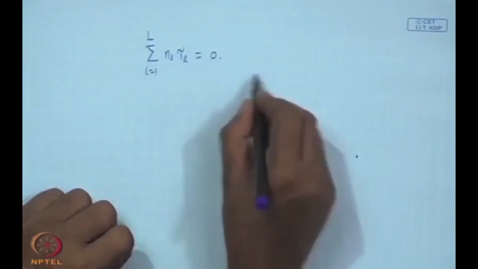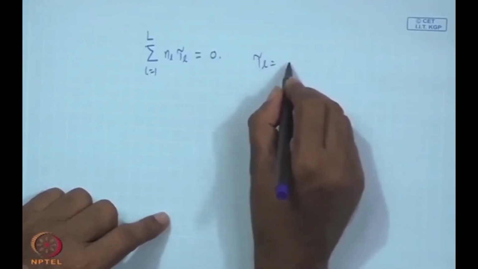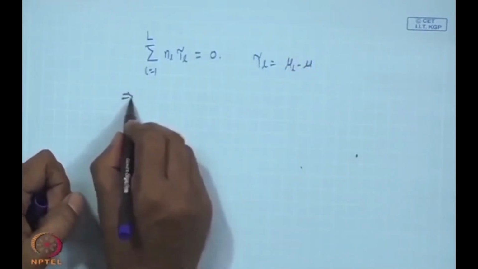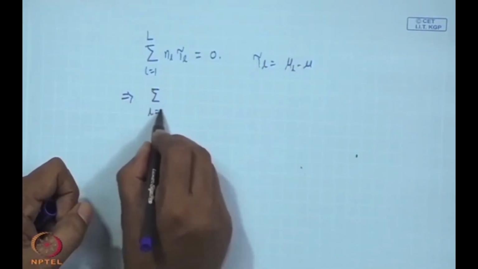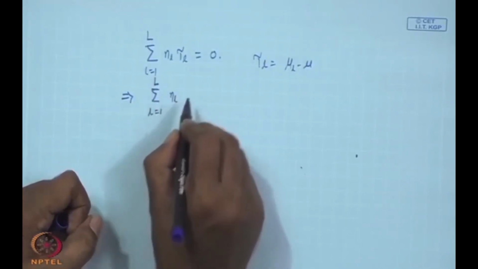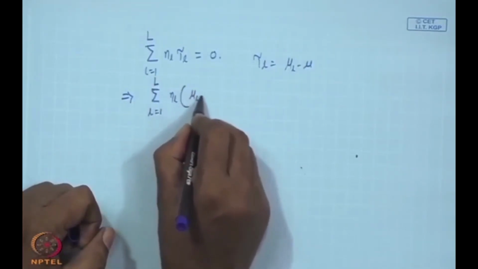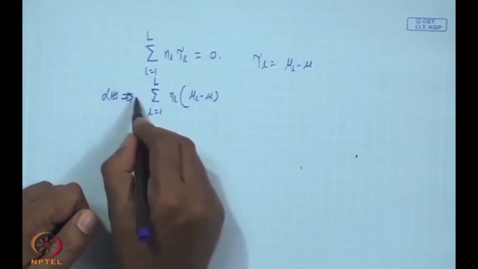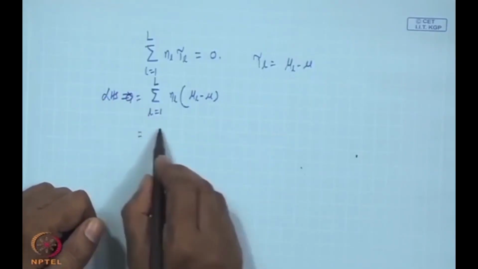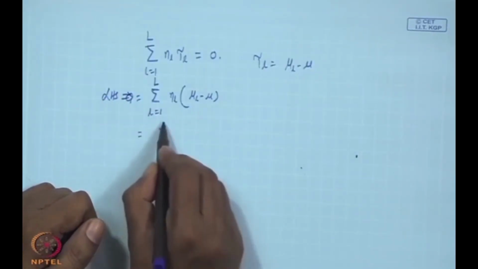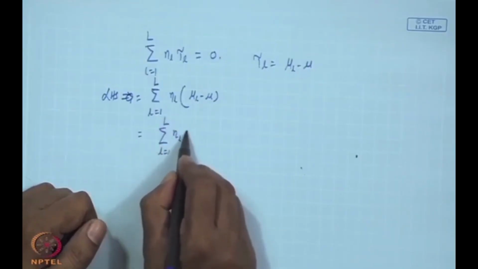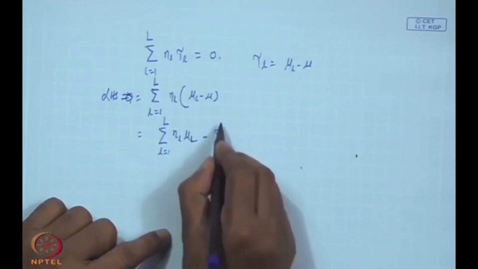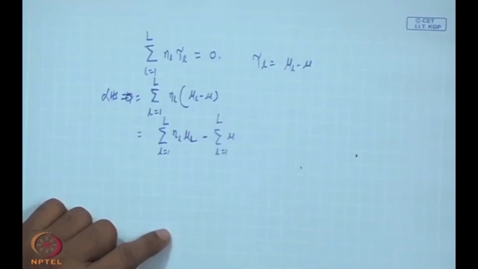You see, what is tau L? Tau L is mu L minus mu. So, if you write down here the sum total of L equal to 1 to capital L N L into mu L minus mu, the LHS, that is the left hand side, what will you get here? This one: sum over L equal to 1 to capital L of N L mu L minus sum over L equal to 1 to capital L of N L into mu.